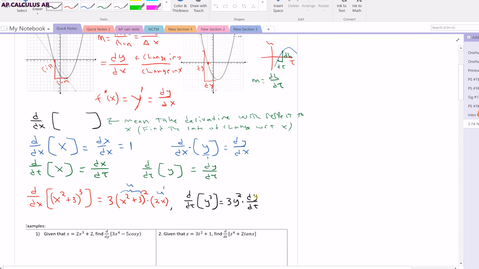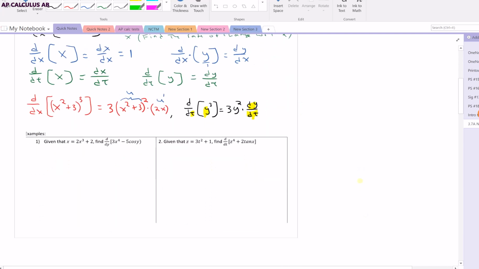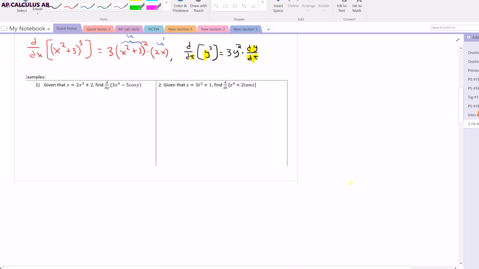That's the derivative of y with respect to t. Right, and so just like we learned before with implicit differentiation, if this variable does not match this variable, there's going to be this tail on the outside. All right, so let's look at some examples that will maybe help us understand this notation a little bit better.